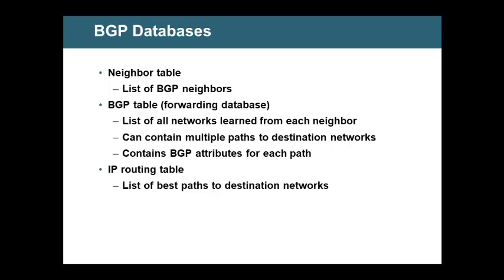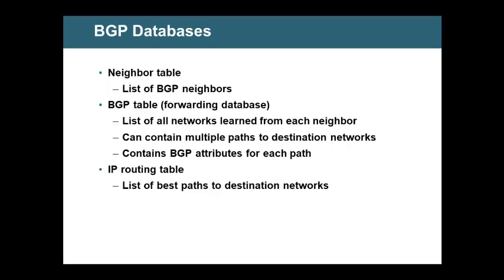And if you have multiple paths, all those multiple paths with their attributes are shown in this table. The command is show ip bgp. That's all. No, not summary. Show ip bgp summary is for the neighbor table. If you remove that summary word, then it is the BGP table.